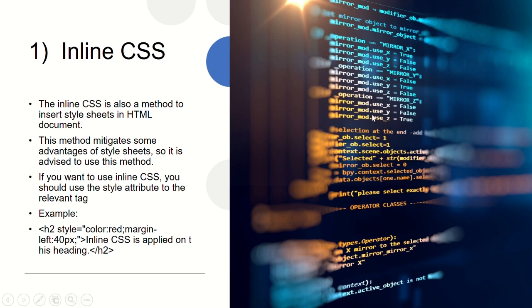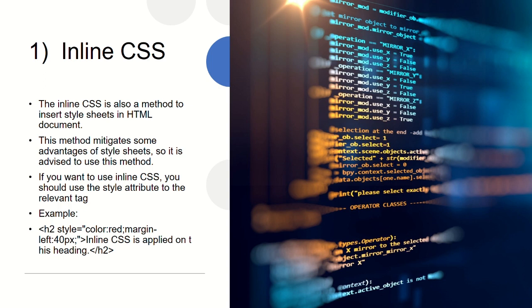Inline CSS is a method to insert style sheets in an HTML document. This method mitigates some advantages of style sheets, so it is advised not to use this method often. If you want to use inline CSS, you should use the style attribute in the relevant tag.